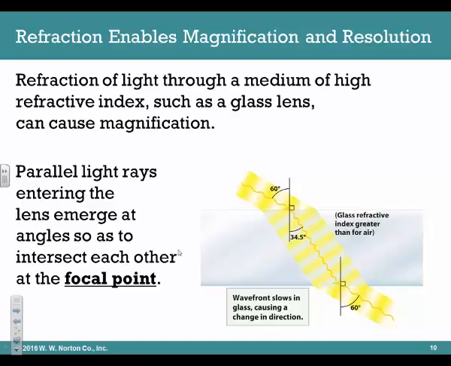So for example, in the light microscopy that we use, we're going to have light that's going from the source at the bottom of the light microscope through a glass slide, and then through the air, and then through the glass of the objective lens, and then through the glass of the ocular lens to our eye.